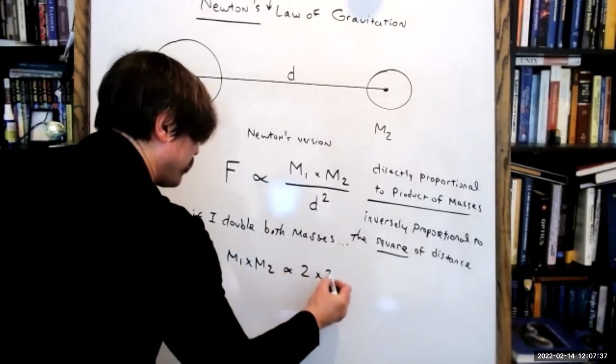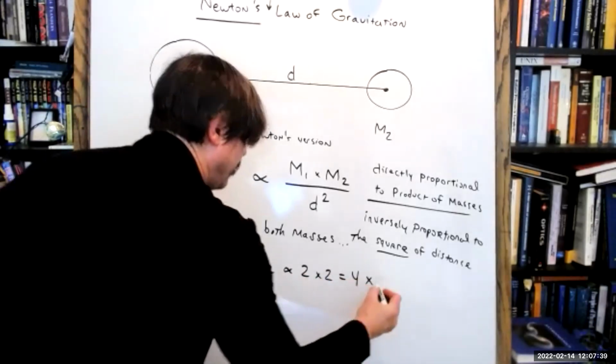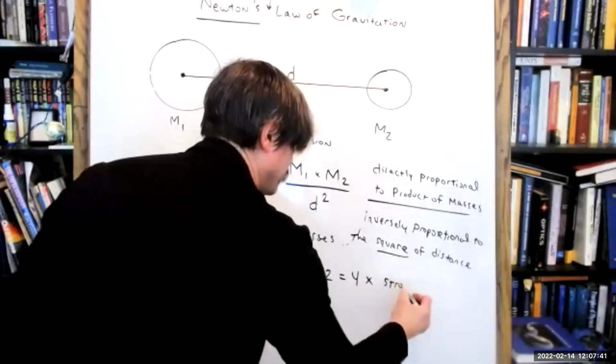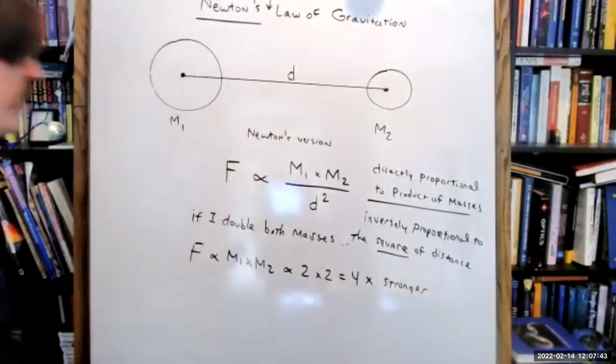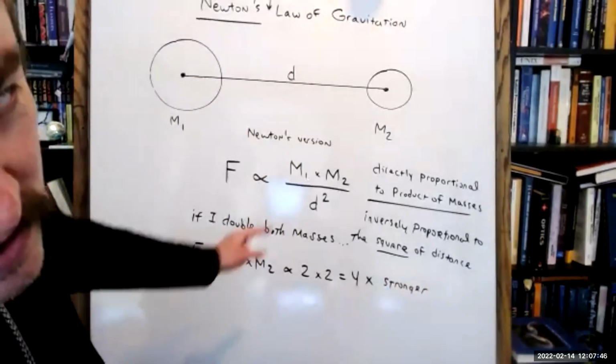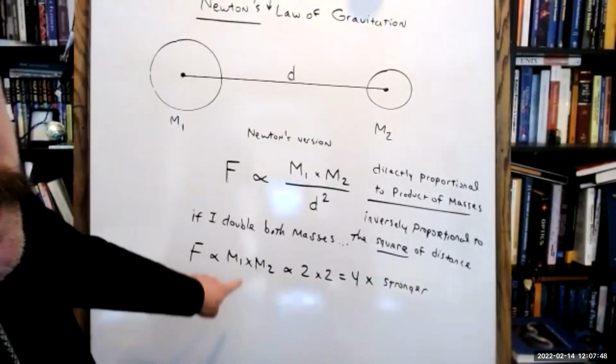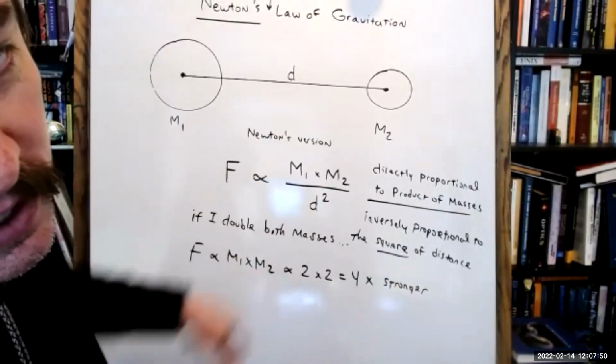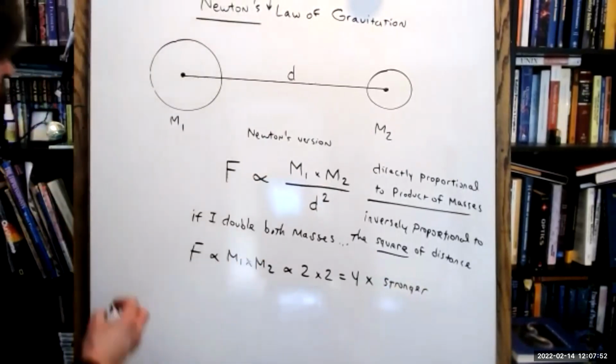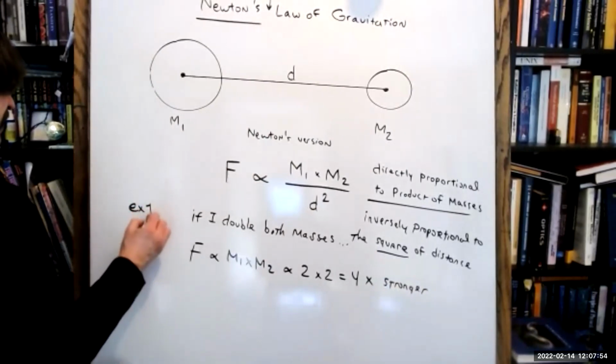And therefore, the force would vary by a factor of 4 times stronger. Notice that when I double both masses, I only have to write the part of the equation that's m1 times m2 because I didn't change the distance. So this could be considered example number 1.